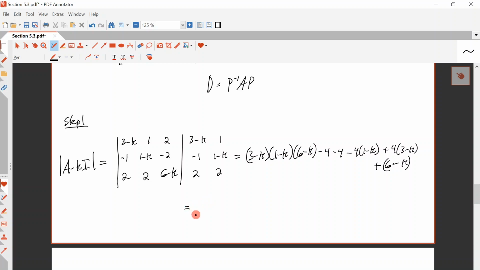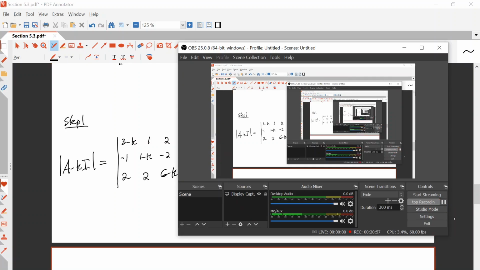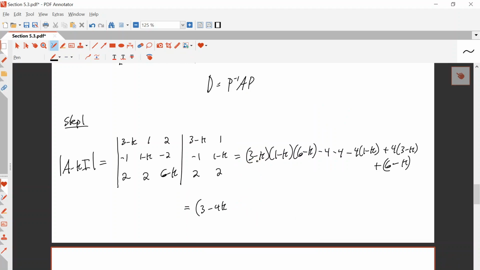Alright, so this is equal to, so the product of these two is 3 minus k minus 4k plus k squared times 6 minus k minus 8 minus 4 plus 4k plus 12 minus 4k plus 6 minus k. So those cancel, and then minus 12 plus 12.